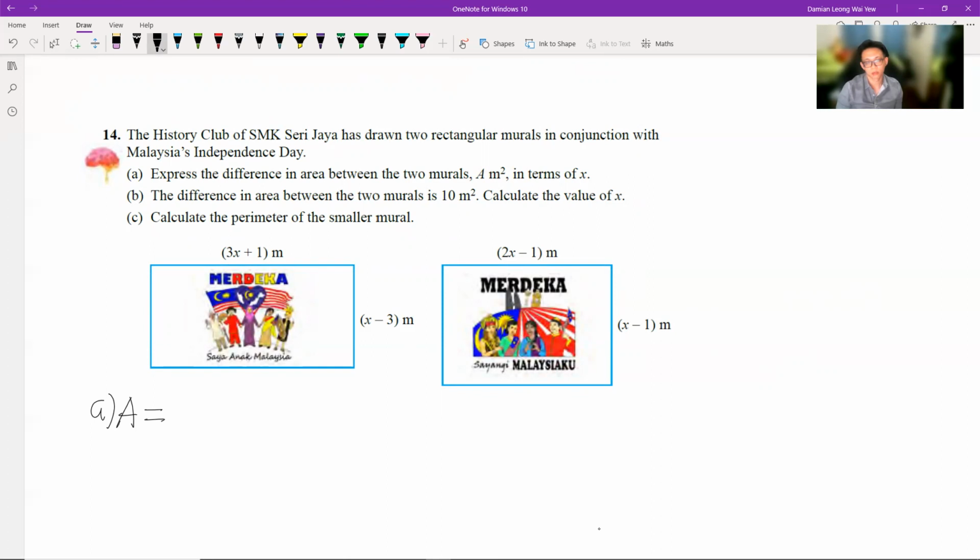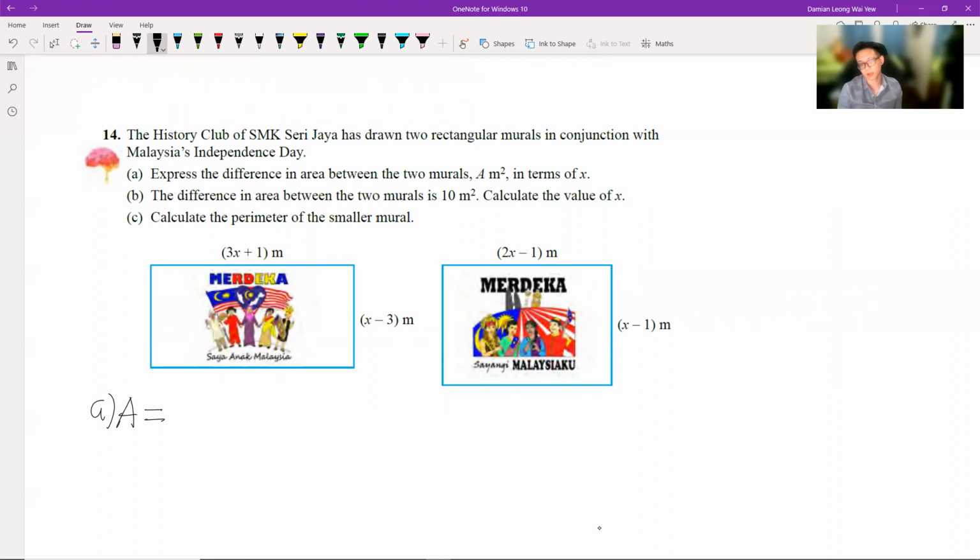Because actually, just by looking at it, it's a bit hard to tell. Yeah, which is the larger one. Yeah, because on one hand, this is 2x minus 1, this is 3x plus 1.